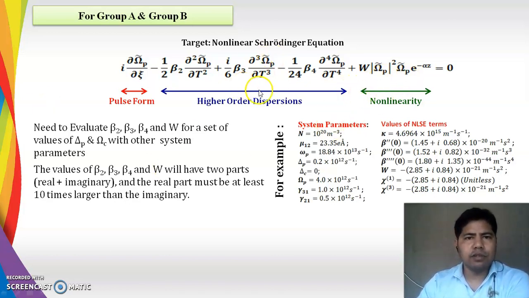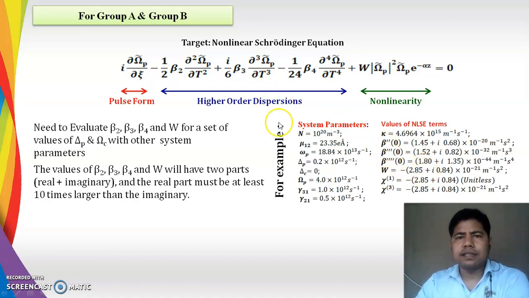Another thing we must check here: our main target is beta 2 and W. Here W is negative, you can see in the values. Let us take only the real part, negative 2.85. Then beta 2 is positive 1.45.